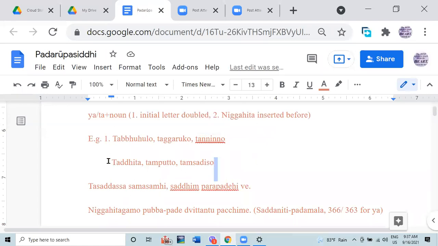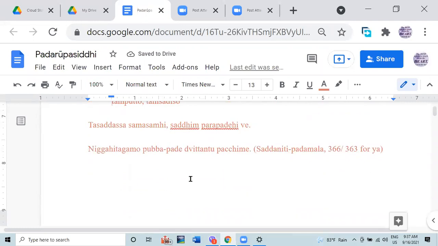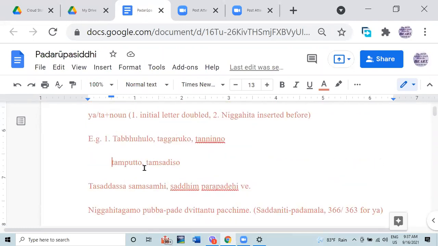In fact, taddhita belongs to the second one. Oh, no, yeah, I'm wrong. Just two. So taddhita here. Okay, the initial letter we double. Like tabhula, tagruga, danina, etc.